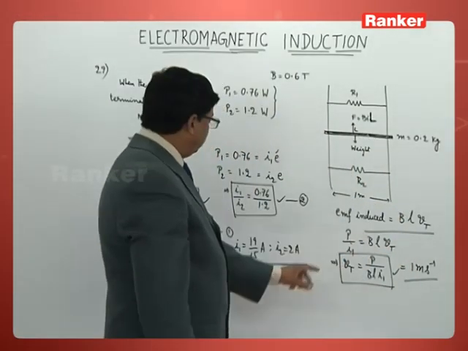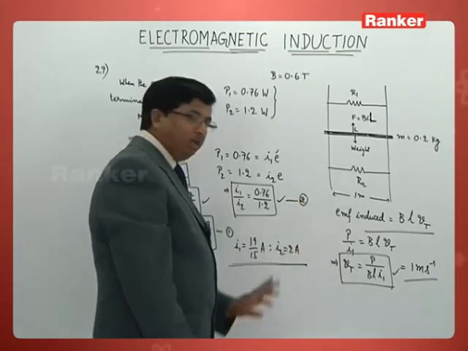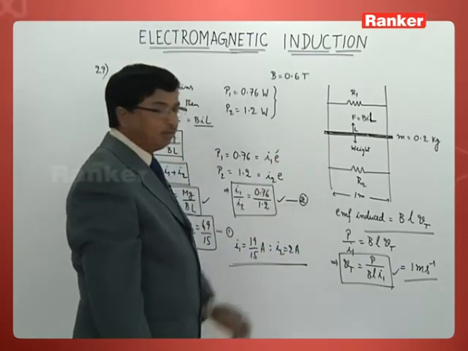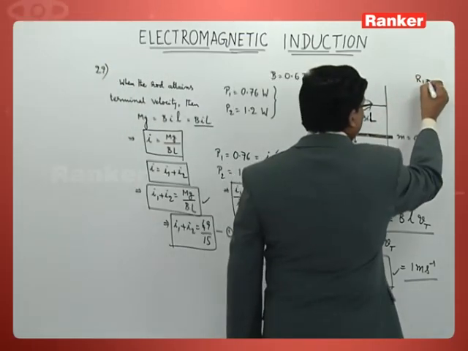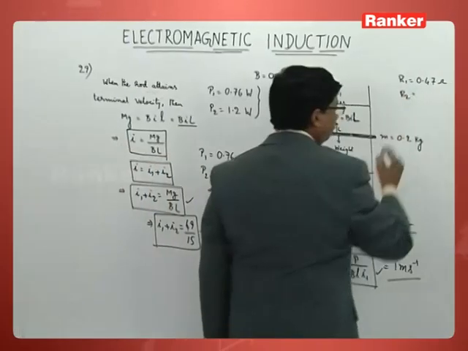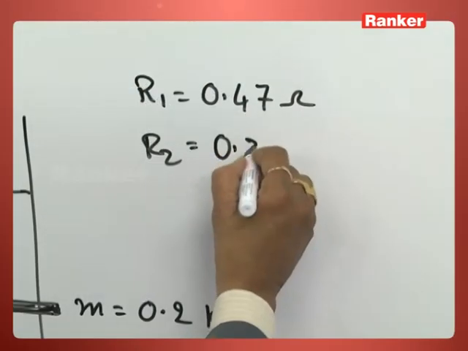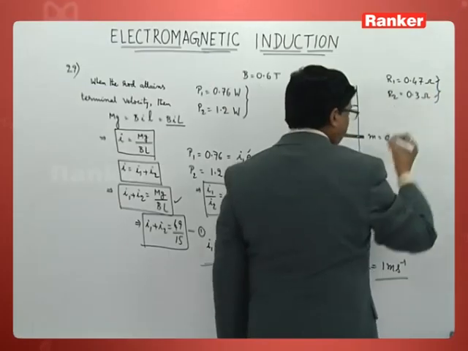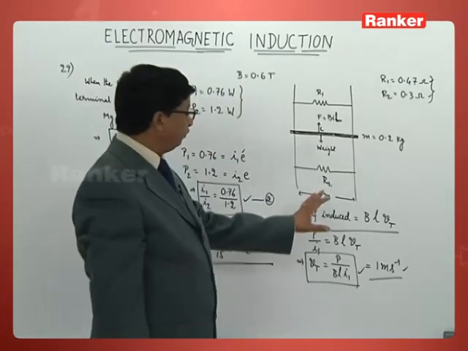So terminal velocity is 1 meter per second, I1 is 19 by 15, I2 is 2 ampere. With this data, you estimate the values of R1 and R2. What will you get for R1? R1 comes to be 0.47 ohm and R2 comes to be around 0.3 ohm. So R1 is 0.47, R2 is 0.3 and terminal velocity is 1 meter per second.